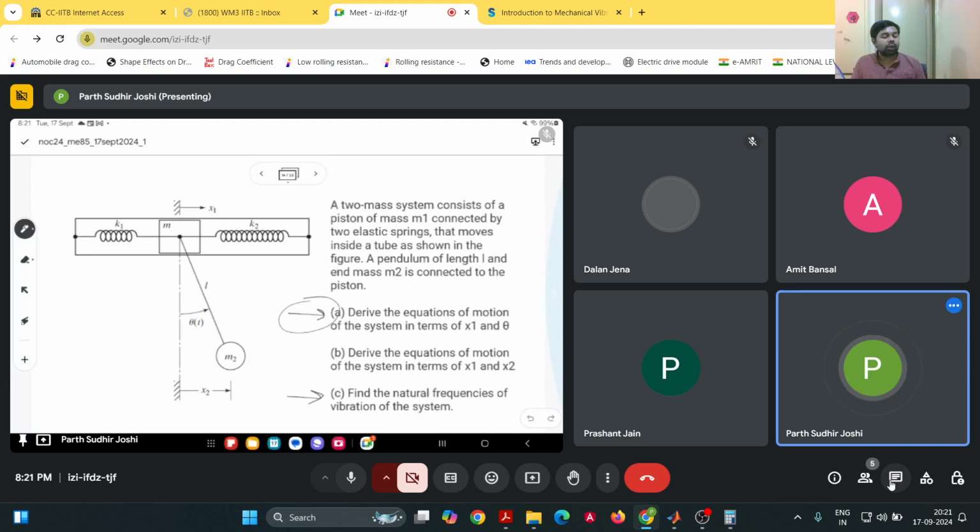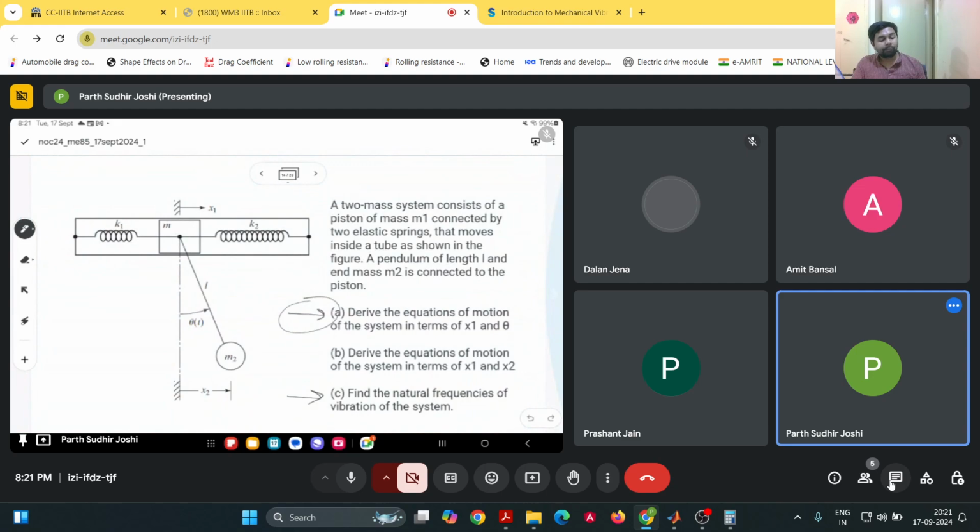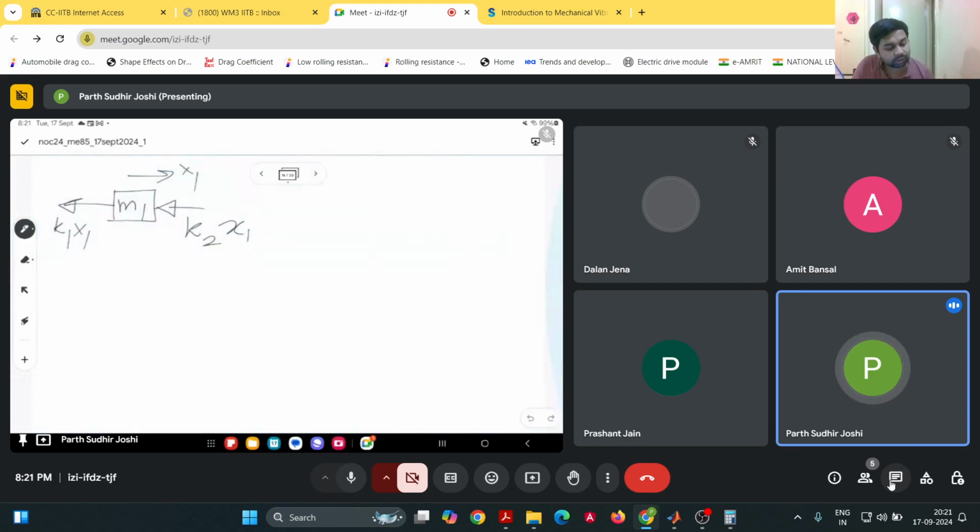The spring K2 is being compressed, and the spring K1 is being stretched. And there will be one more force, which is basically the tension in the rod. Let us call this force T, and this will be acting at an angle theta with respect to the vertical.